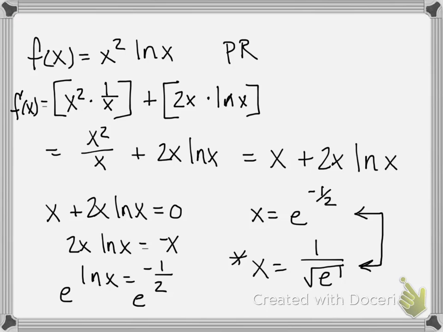All right, so now, since we found our critical value, we'll go through and actually make a chart of our critical values. Critical value 0 just as a reference point, and like we said at the start, we're not going to have any negatives. 1 over the square root of e and 1. So now just make a little number line.